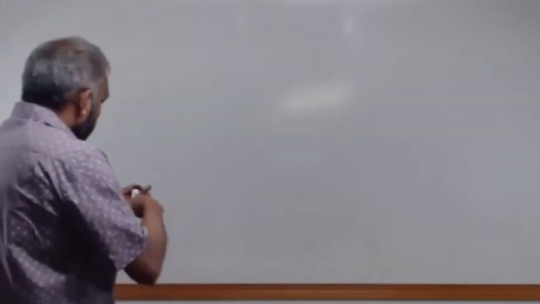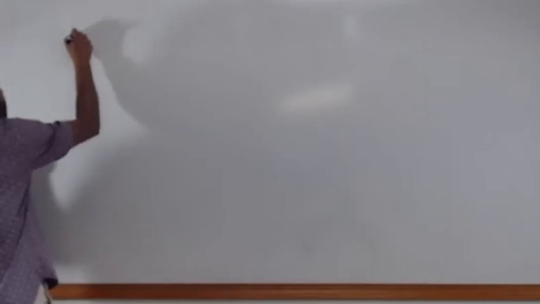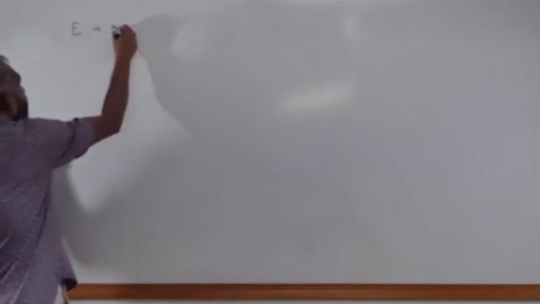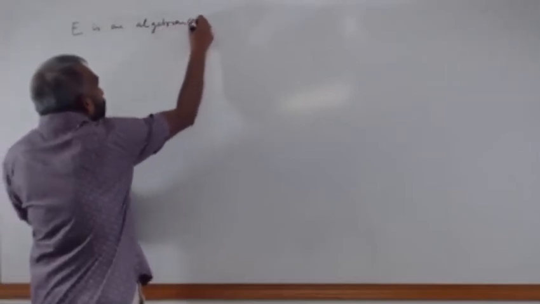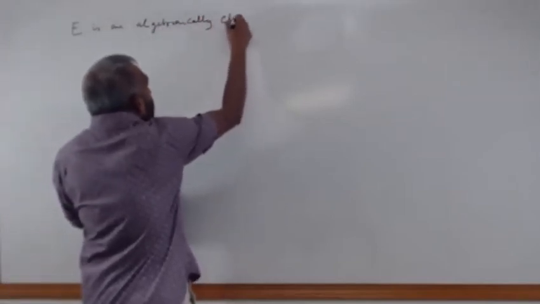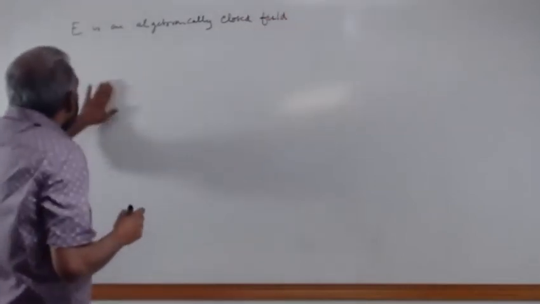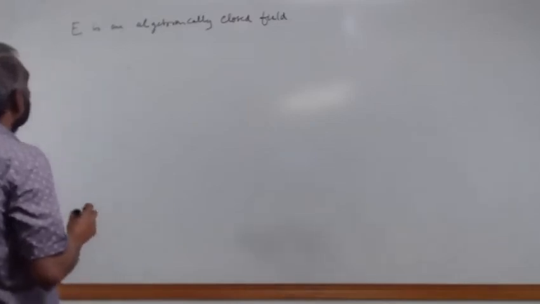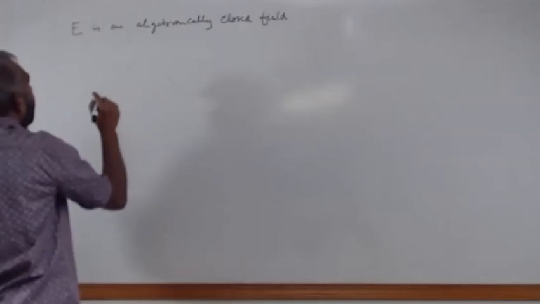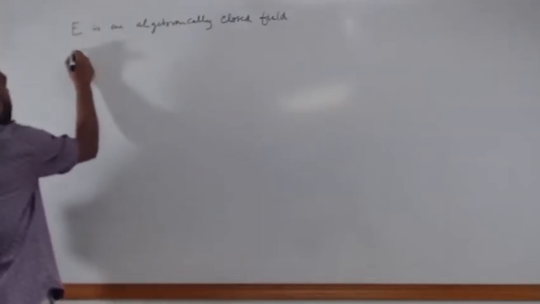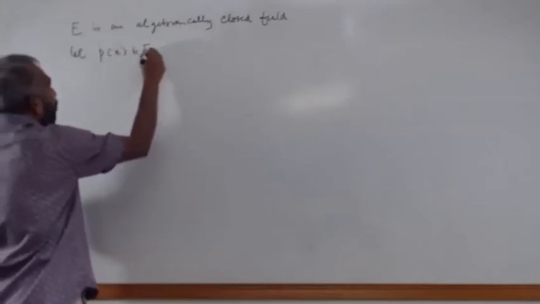Now let us assume that E is an algebraically closed field. Then let us take a polynomial. Let P of x belong to E of x.